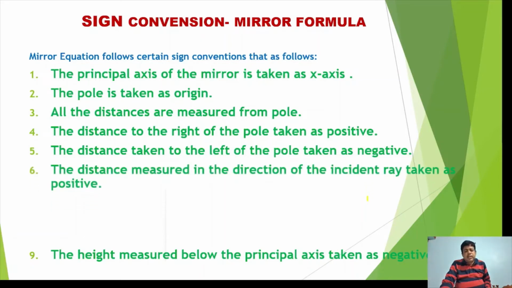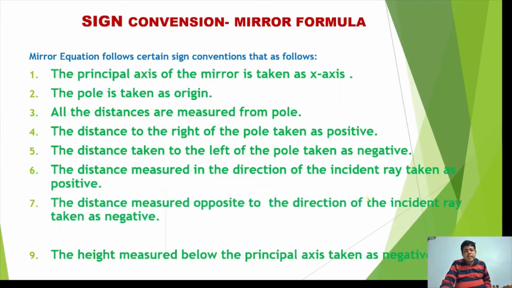The distance measured in the direction of the incident ray is taken as positive. The distance measured opposite to the direction of the incident ray is taken as negative.